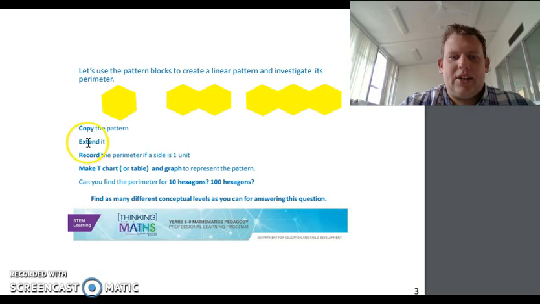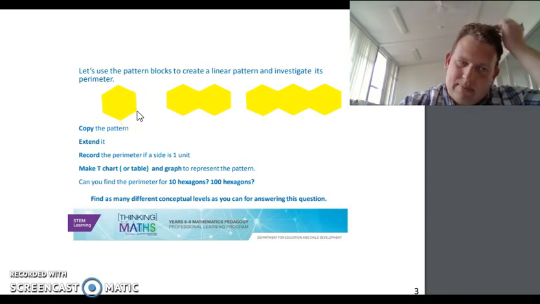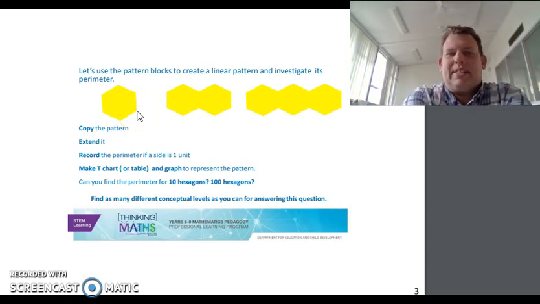You need to copy the pattern, extend it, and record the perimeter if a side is 1 unit. So from there to there is 1 unit. Obviously it's a certain number of centimeters or millimeters, but we're just going to use that as one side, so we'll call that 1.